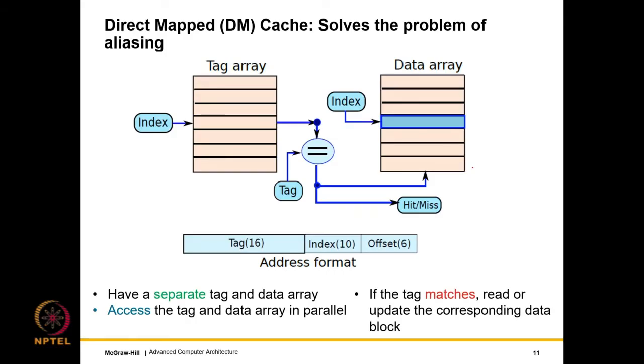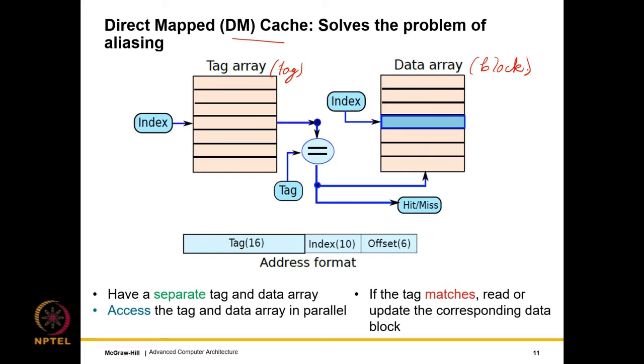So this has been, in a sense, a standard narrative in this course right from the days of branch prediction. So we can use this simple idea to design a simple cache known as a direct mapped cache which solves the problem of aliasing. So we have two arrays. We have a tag array and a data array. The tag array stores the tag and the data array stores the block.